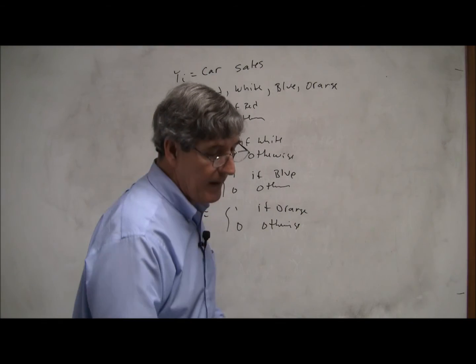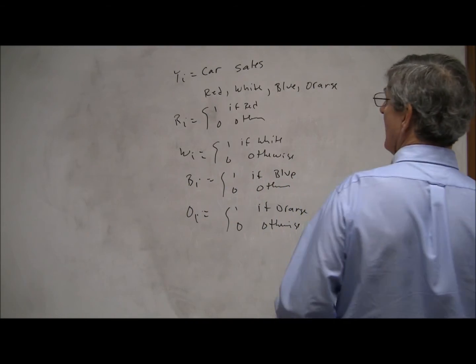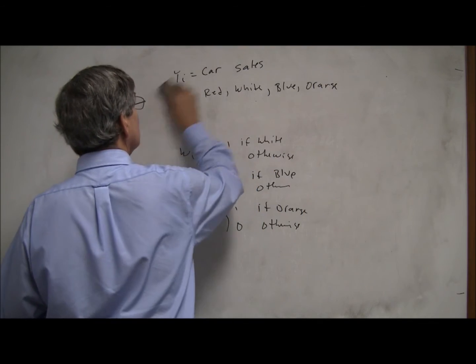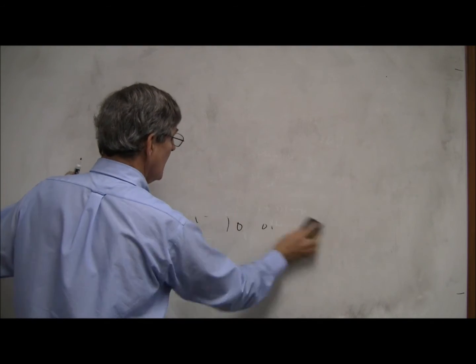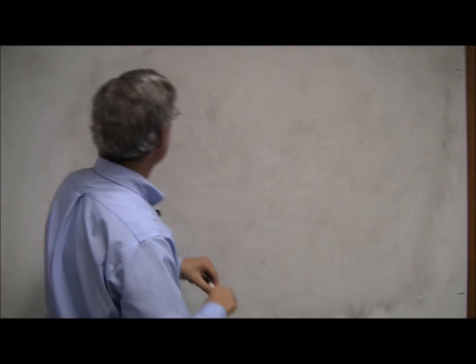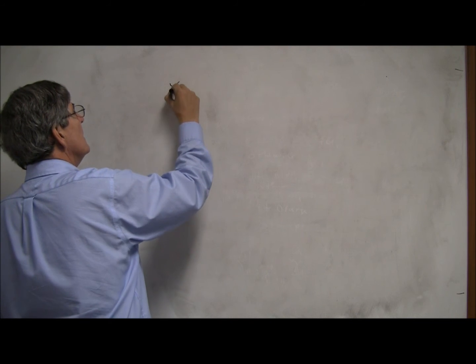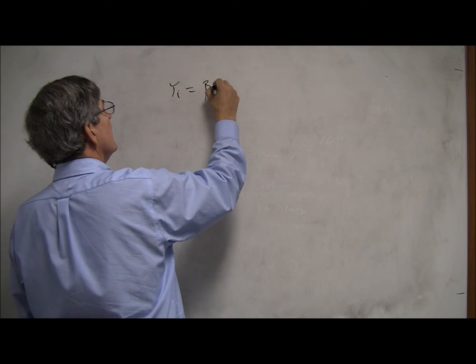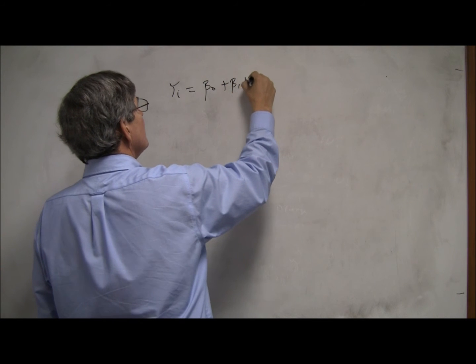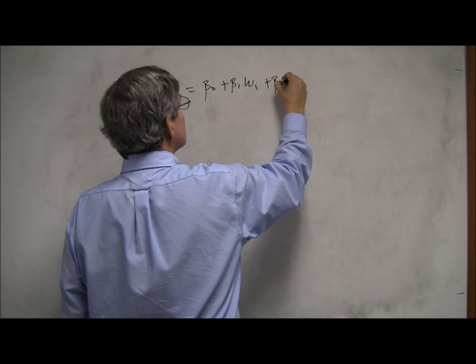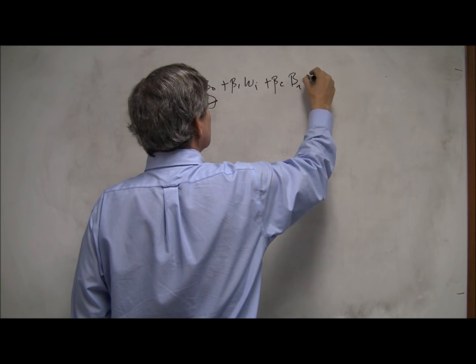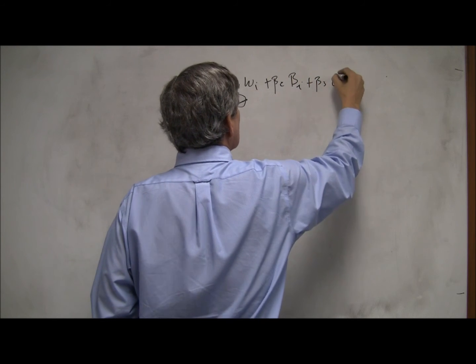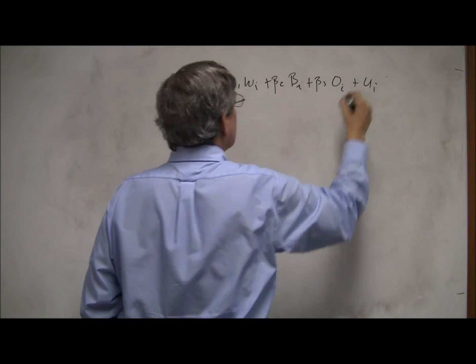Well, there's two different ways I can run the model. I could make, say, red my baseline. So I could say sales are beta 0 plus beta 1 times Wi plus beta 2 times Bi plus beta 3 times Oi plus Ui.